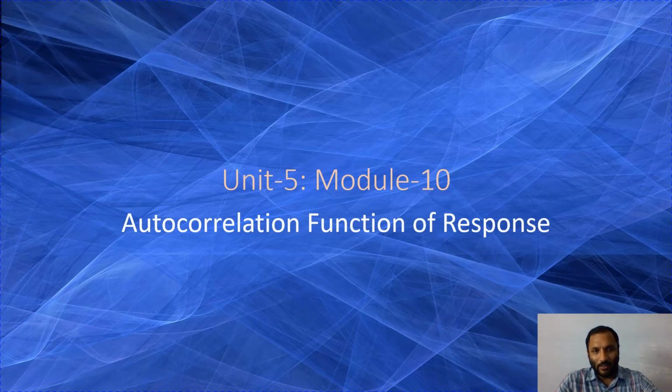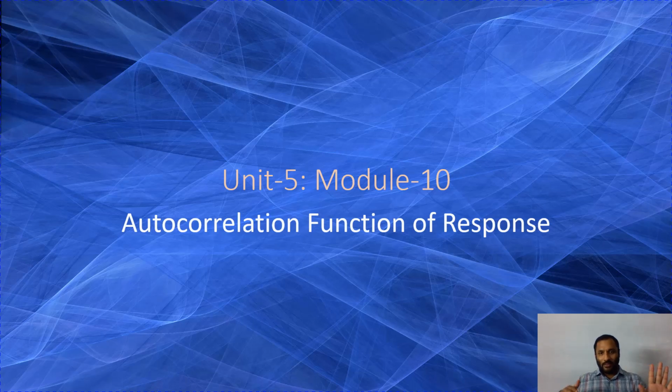We have already come across this. y of t is another random signal that comes from the ensemble of random signals of the process capital Y of t, right? The output can be any one of these, associated with some probability of occurrence.